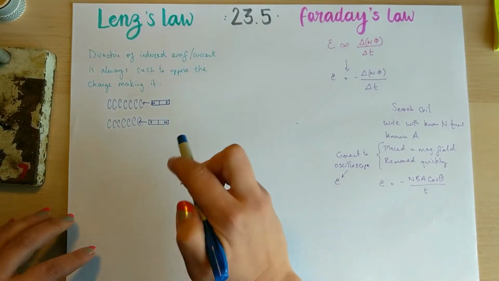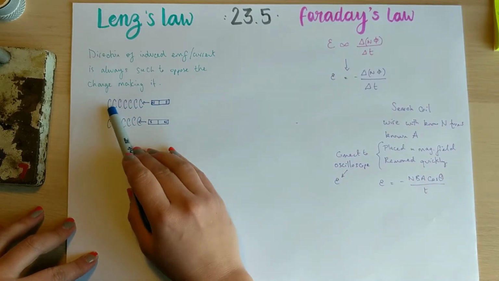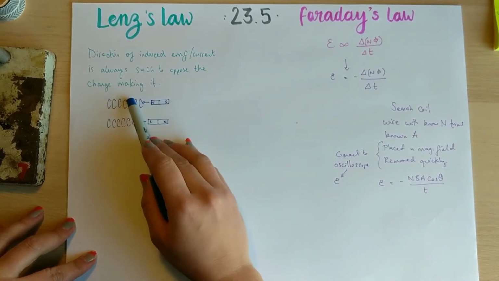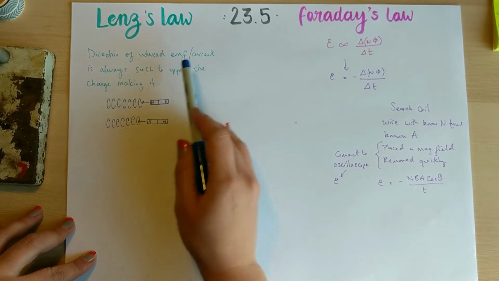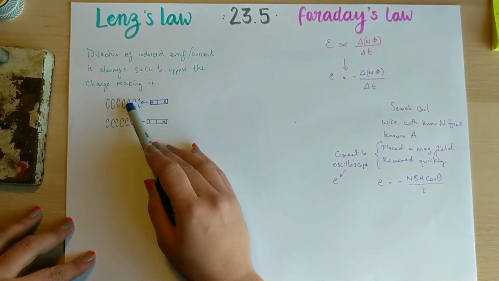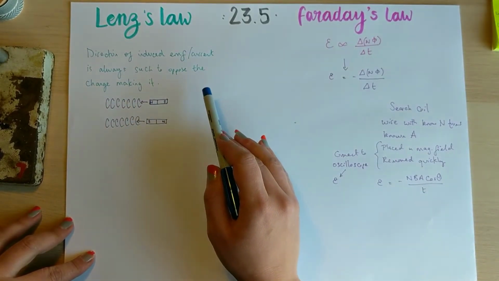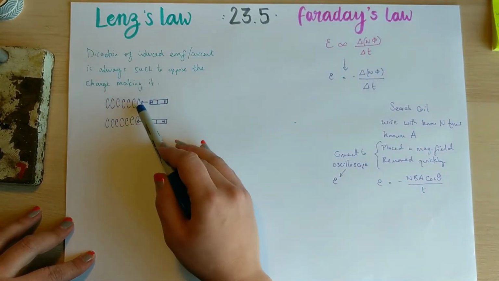What we're saying is if the north pole is being pushed into this coil, that's going to induce an EMF in the coil, and that EMF itself is then going to have its own magnetic field.